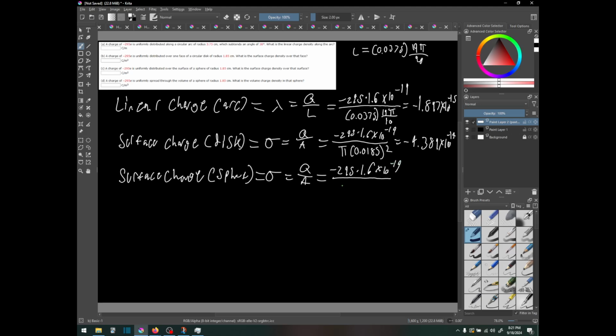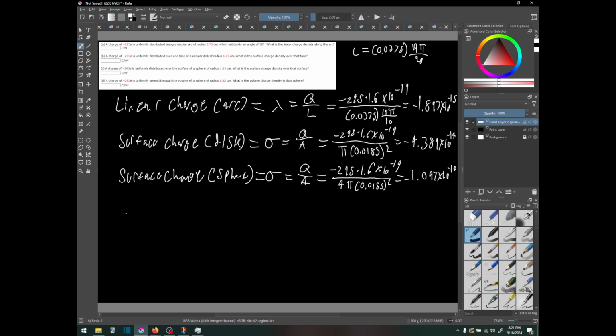And now we're going to have 4 pi r squared, which is negative 1.097 times 10 to the negative 14th.